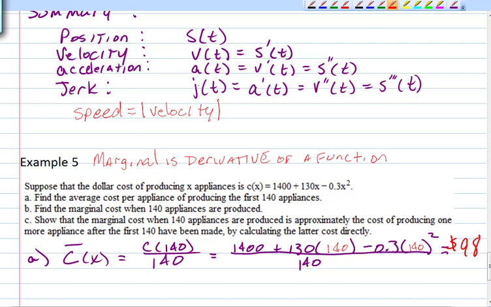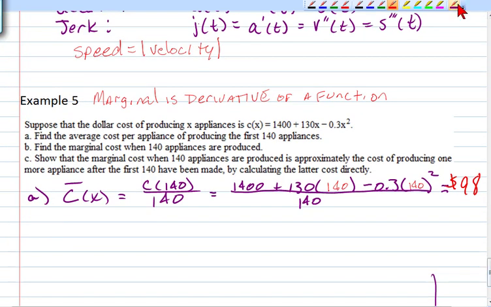Part B says find the marginal cost when 140 appliances are produced. The marginal cost, I said, is the derivative evaluated at that point. So looking at the cost function up here, we're going to take the derivative.